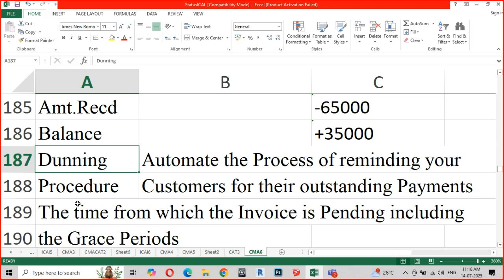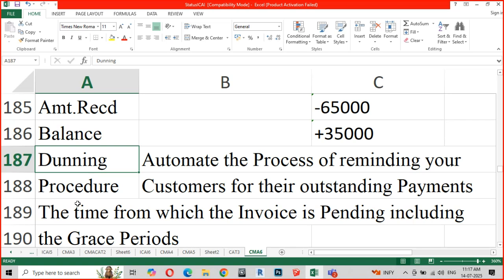The system should consider the grace period allowed to a specific customer, even after the invoice is overdue. Since I'm a little lenient, I give 3 to 5 days grace period for the customer to make the payment.